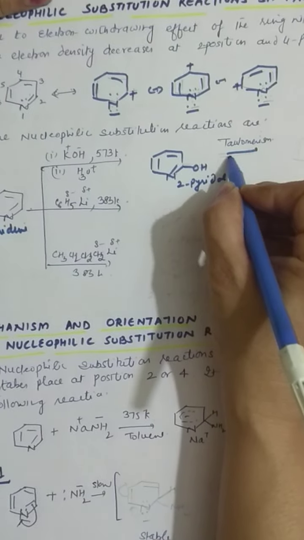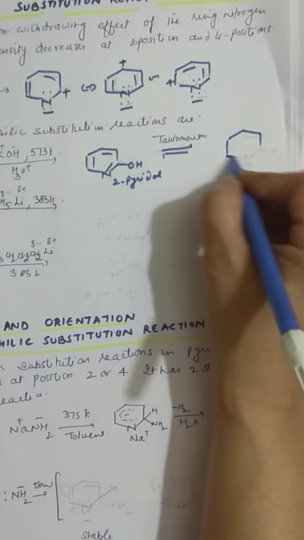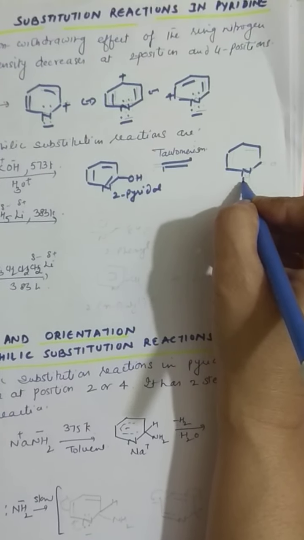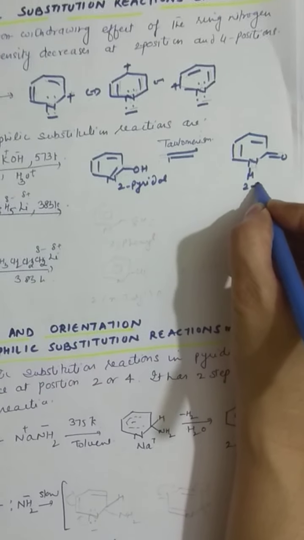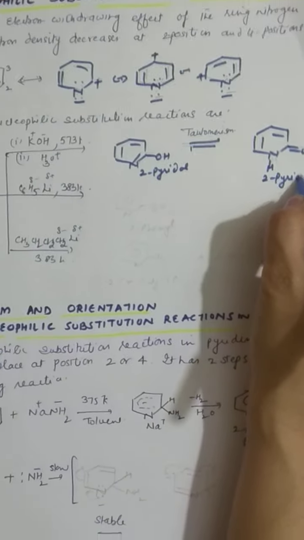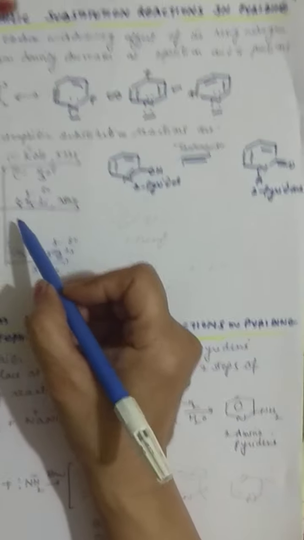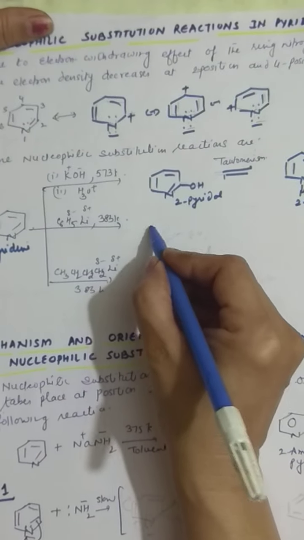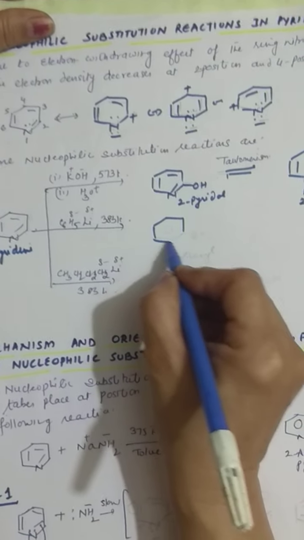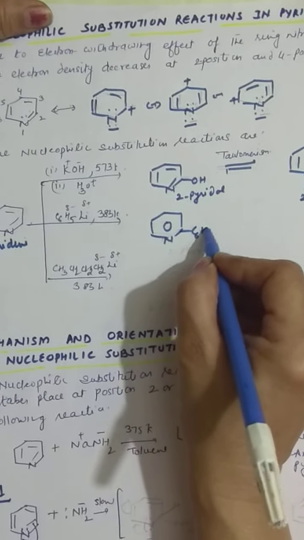So that undergoes tautomerism to form 2-pyridone. Similarly, when it is treated with phenyl lithium, the phenyl group will be introduced at position number 2.